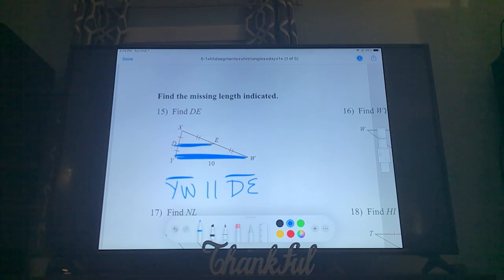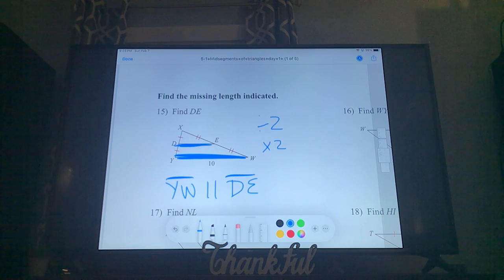Now when we talk about midpoints, it's either going to be half, or we can say times 2 or divided by 2. Let's think about this in terms of money, because most of you do well when we talk about money.